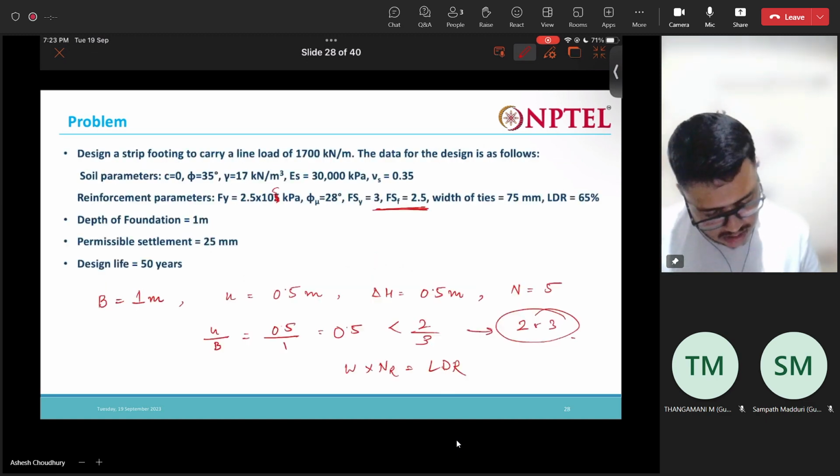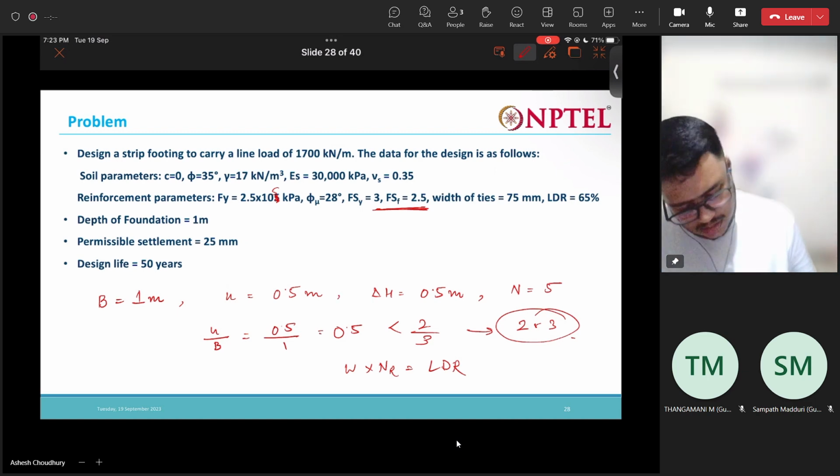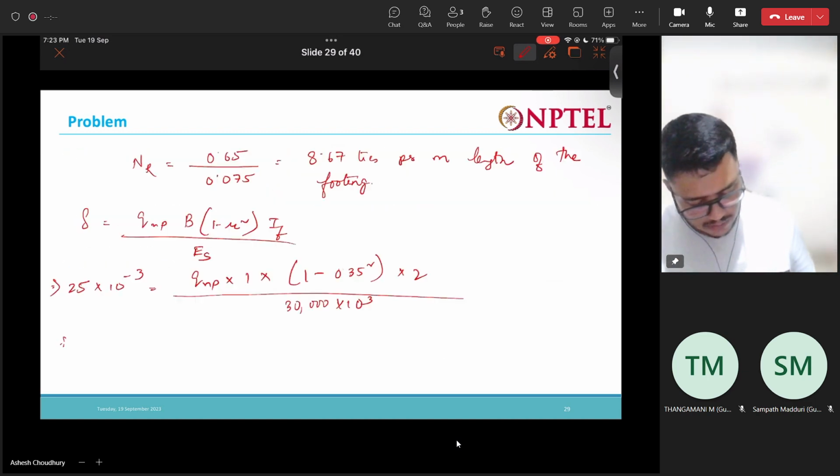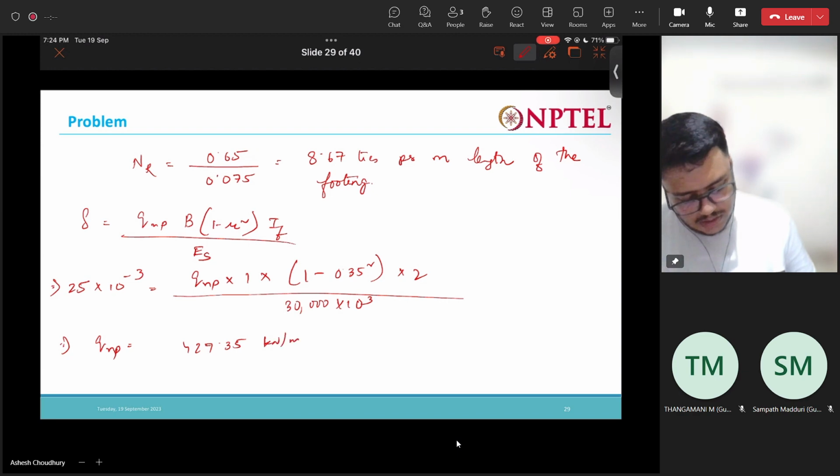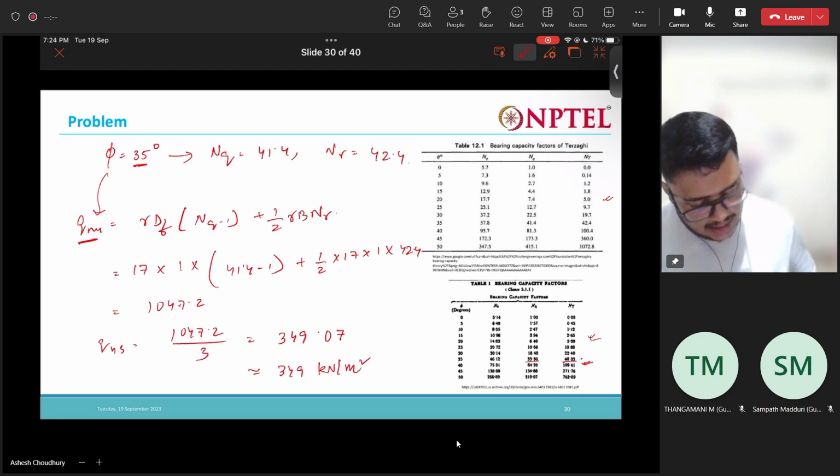Just check the values once. From here q net I will get 427.35 kilonewton per meter square. So we need to take the minimum of these.